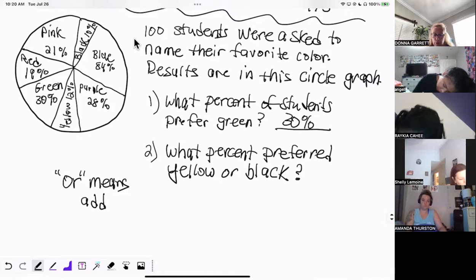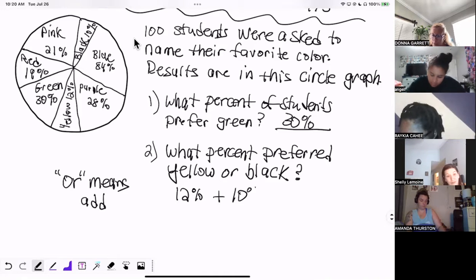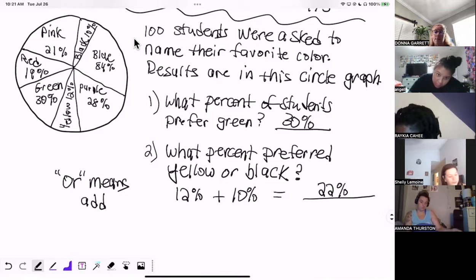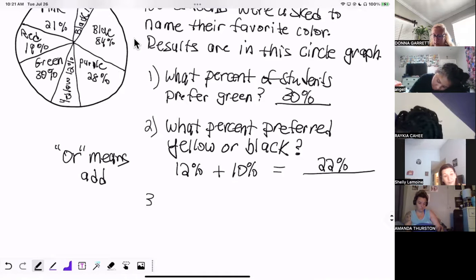So yellow was 12%, or black was 10%. So the total who preferred either one is going to be 22%. So or always means add in a problem like this.